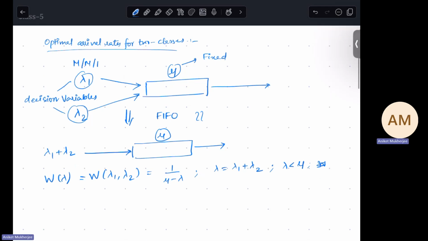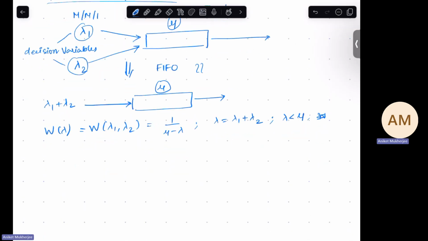Now we shall assume a reward cost model in the same way that we did in the previous section.